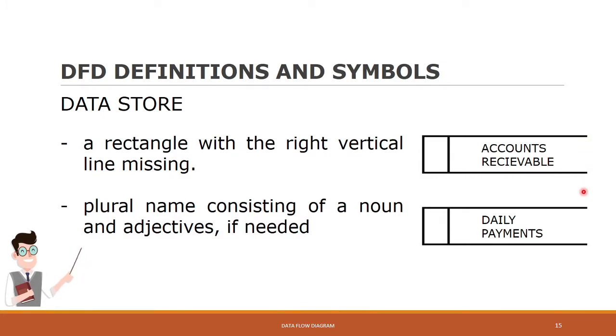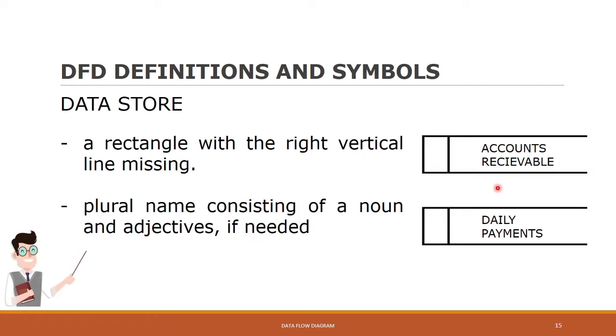The name of the data store appears between the lines and identifies the data it contains. A data store name is a plural name consisting of a noun and adjectives if needed. Examples of data store names are students, account receivable, products, daily payments, purchase order, outstanding checks, and employees.